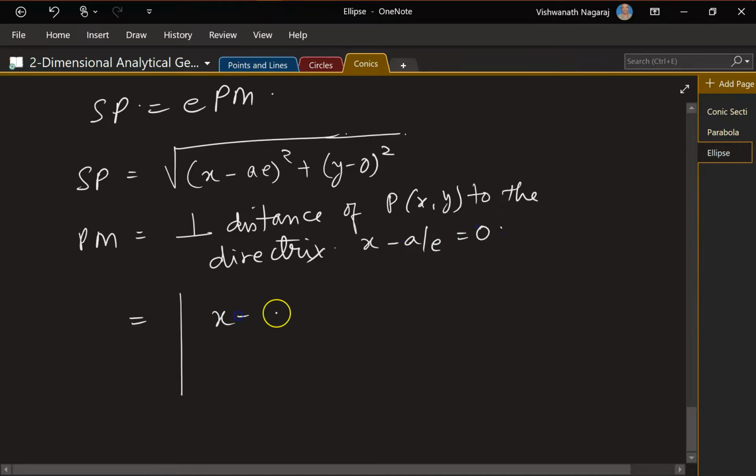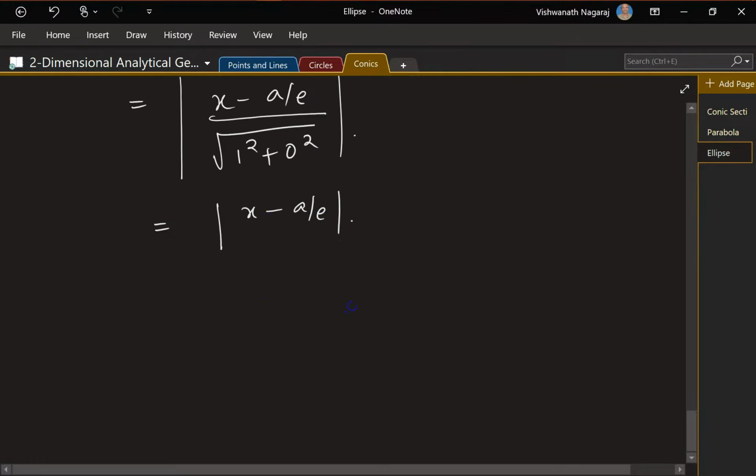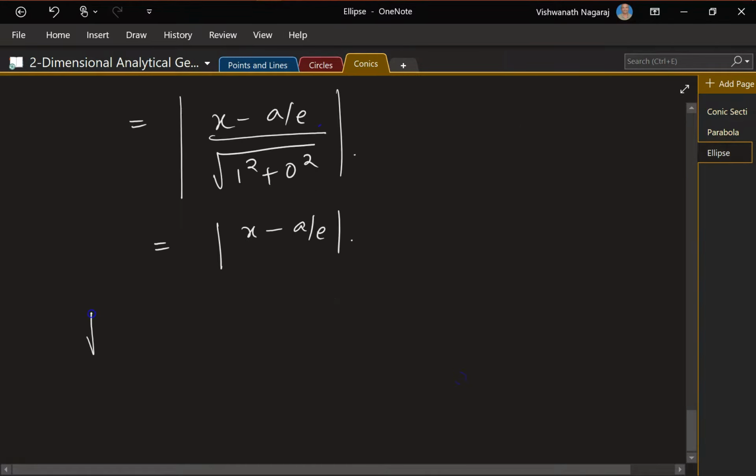So (x minus A by E) divided by square root of 1 square plus 0 square, which is equal to x minus A by E. Now let's put these SP and PM in this equation. So square root of (x minus AE) square plus y square is equal to E times PM. PM is x minus A by E.